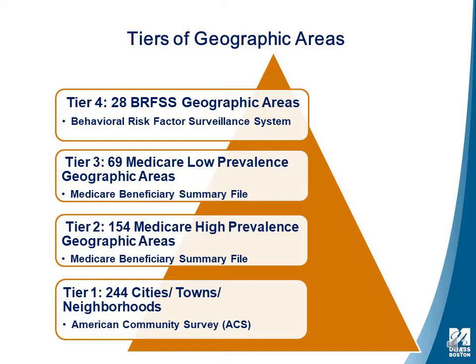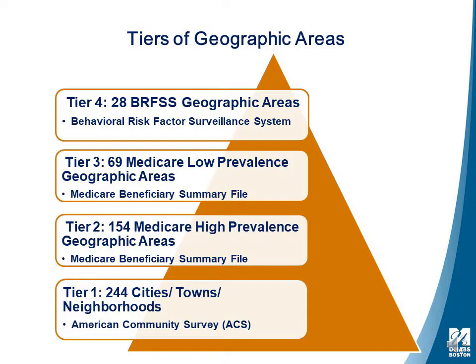For Tier 3, there were 69 what we call Medicare low prevalence geographic areas. These were indicators derived from the Medicare beneficiary summary file, but they're conditions which are much lower prevalence than, let's say, diabetes and hypertension. They include things like personality disorders, bipolar disorders, colorectal cancer. Those are 3 examples of Tier 3 indicators.